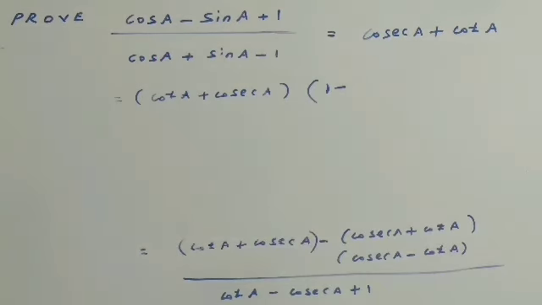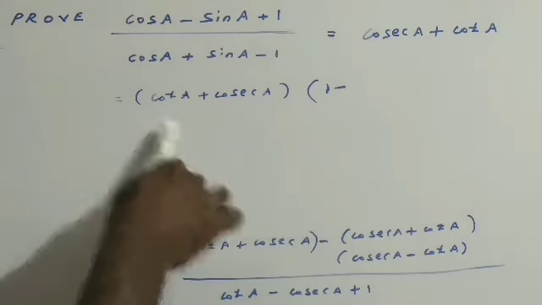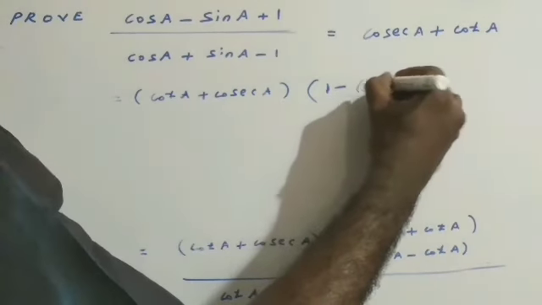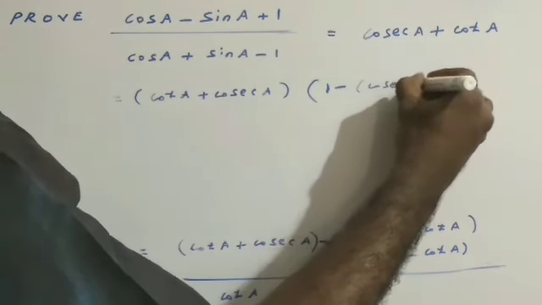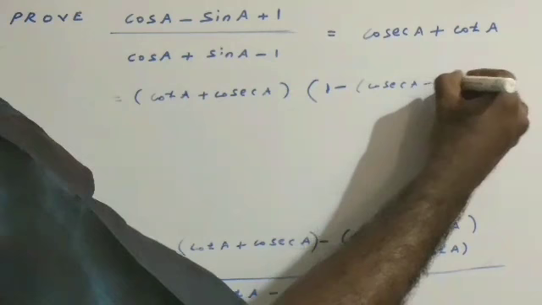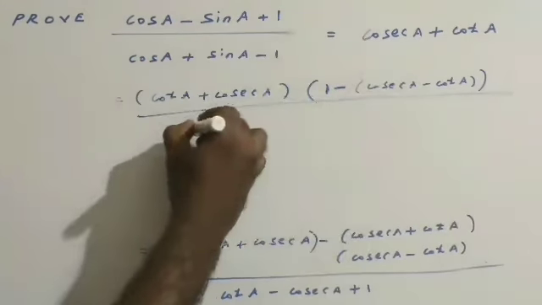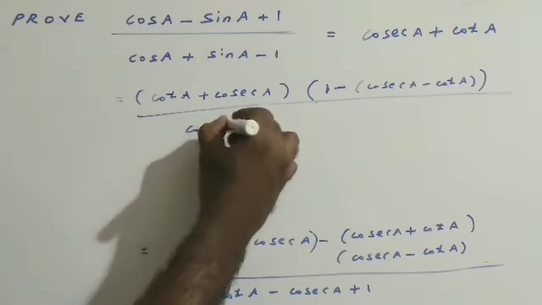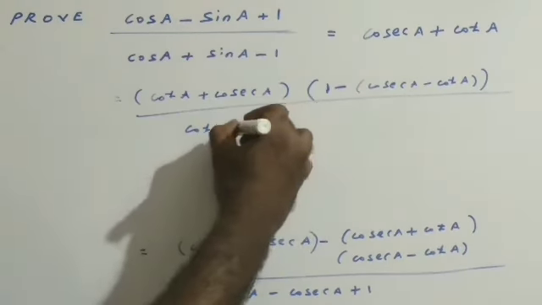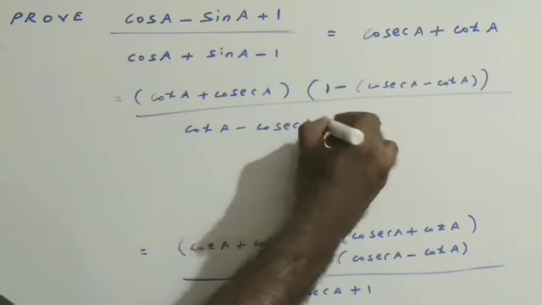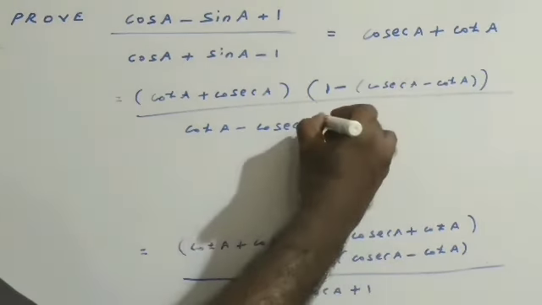Then this term is already taken, cot A plus cosecant A. The remaining term is cosecant A minus cot A, whole divided by cot A minus cosecant A plus 1.